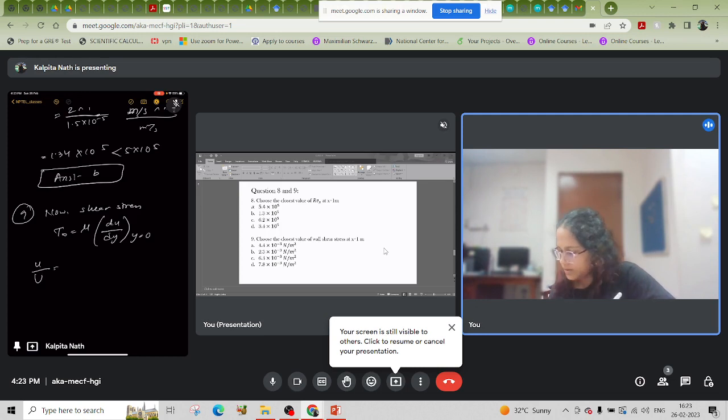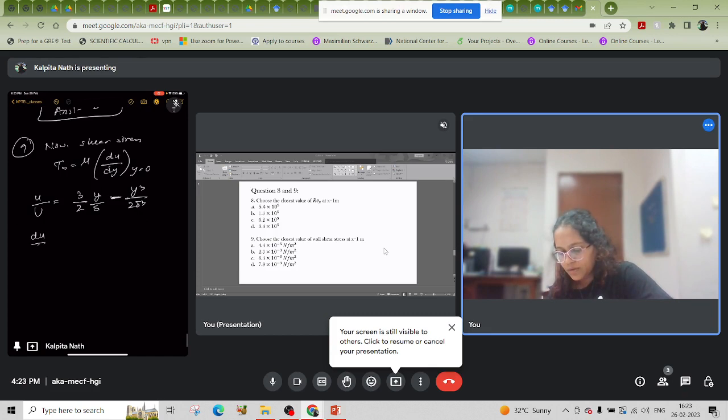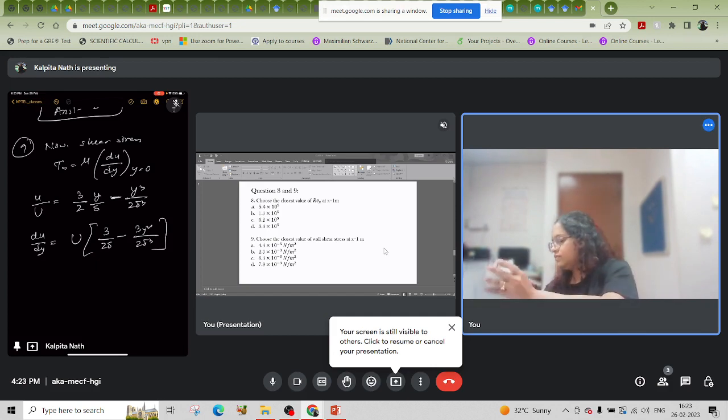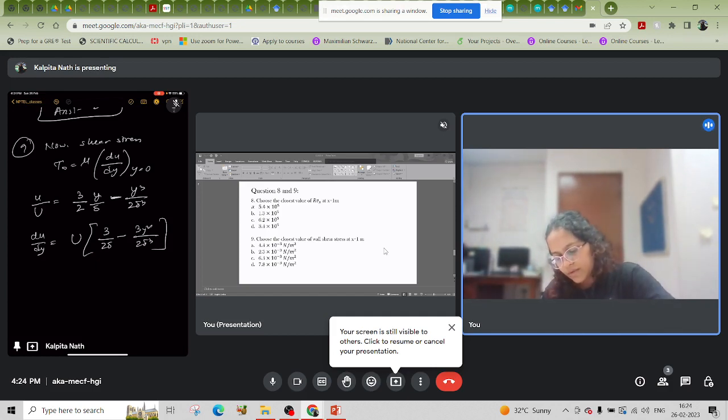Small u by capital U is equal to 3/2 y by delta minus y cube by 2 delta cube. du dy is equal to capital U (3/2 delta minus 3y square by 2 delta cube). Okay, so we need to find out du dy at y is equal to 0. Du dy we already found out, so hence du dy at y is equal to 0 is equal to 3/2 capital U by delta.